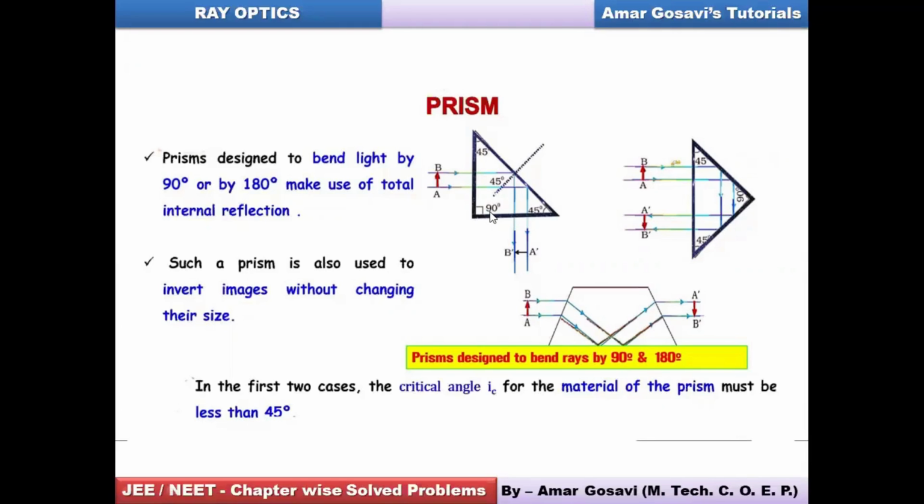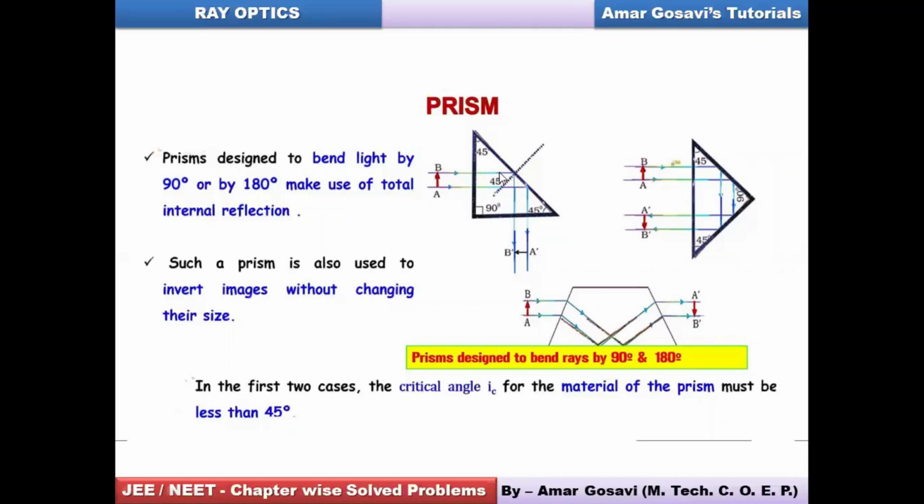First of all, say for example, suppose this is an object, AB is the object, and these are the rays coming from AB as an object basically. Now these rays, if you see this particular edge or this surface, it's normal. The ray won't get refracted.